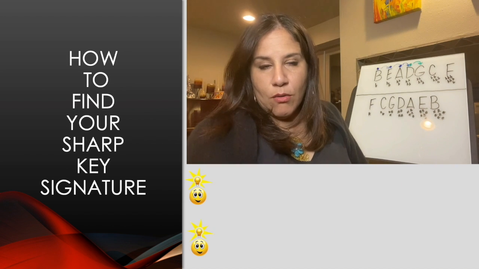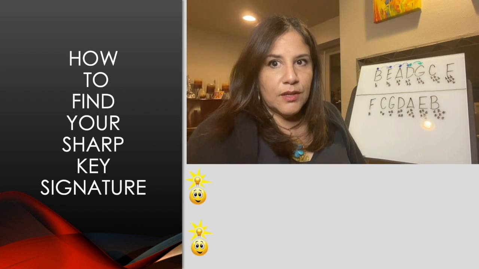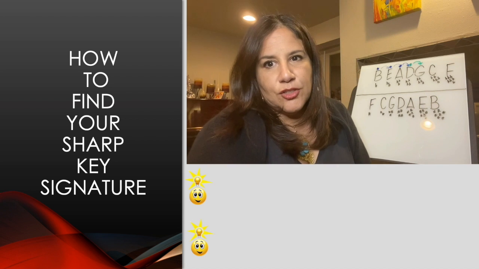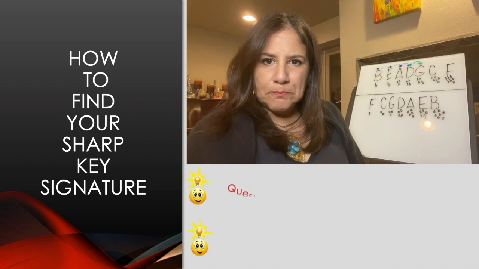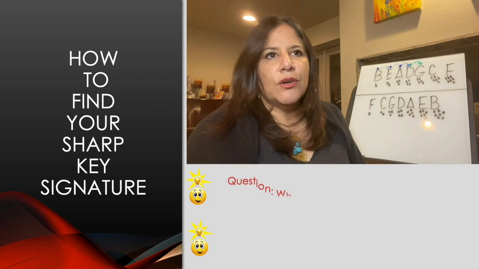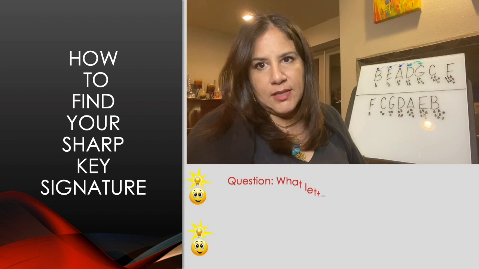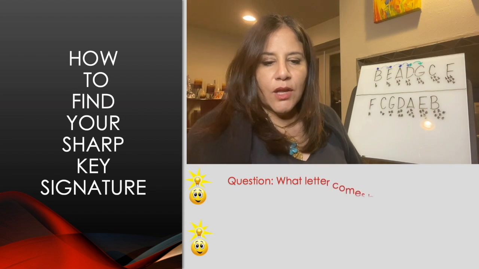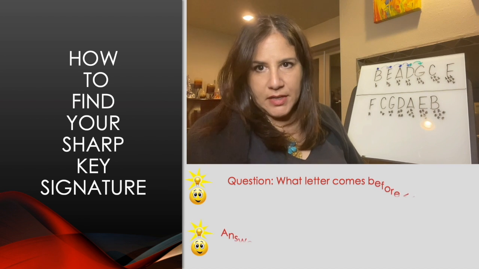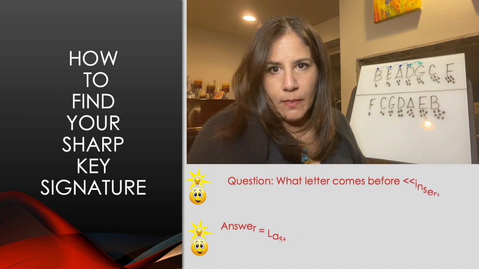When we're talking about our order of sharps, to find your key signature, it's a little bit different than flats. And so there are a couple of questions that I ask my students when they're trying to find their key signature for their sharp scales.